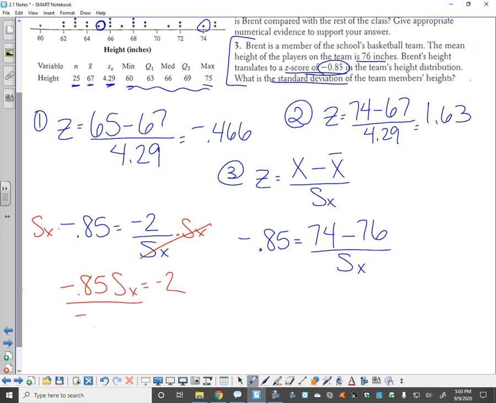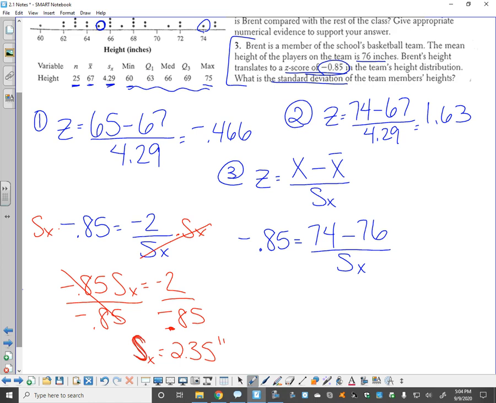And then I'm going to divide by negative 0.85. And I got 2.35. Now, 2.35 is the standard deviation. Standard deviation has units of measurement. That's inches. A Z-score does not have units of measurement, but a standard deviation does.